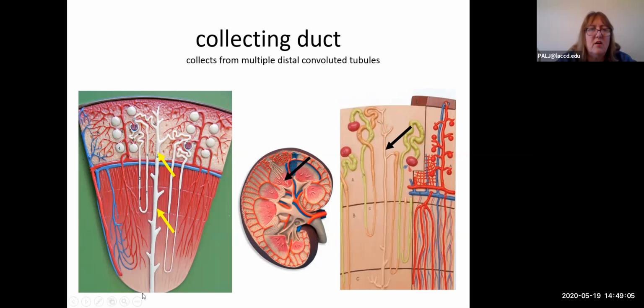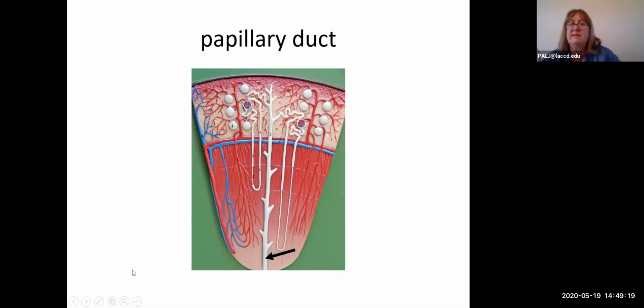And yes, I know that's happening mostly out there in the cortex, and then that collecting duct travels through the medulla, and when it gets down to the papilla of the renal pyramid, it has a name change to the papillary duct. Because once it's the papillary duct, nothing more is going to happen as far as adding urine to it. And then from the papillary duct, it dumps into the minor calyx.